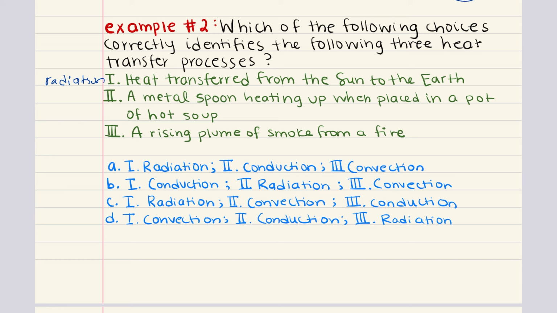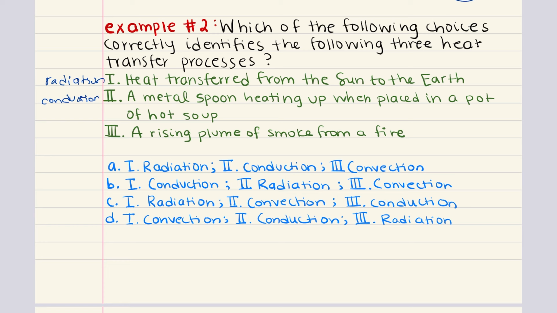When a metal spoon is placed in hot soup, heat transfers from the soup, which is the hotter object, to the spoon, which is the cooler object, through direct molecular interactions. Now, metal is a good conductor, meaning that it allows heat to pass through it easily, causing the spoon to heat up as a result of this direct contact. Thus, the process described here is conduction.